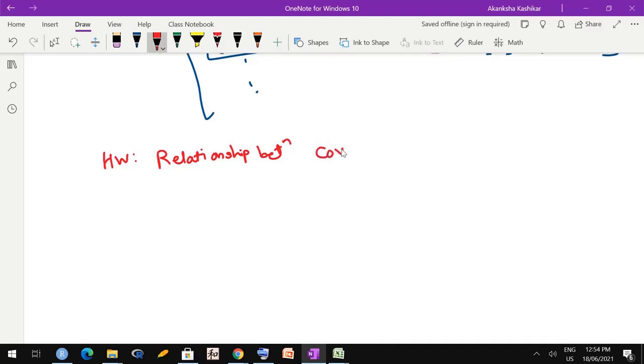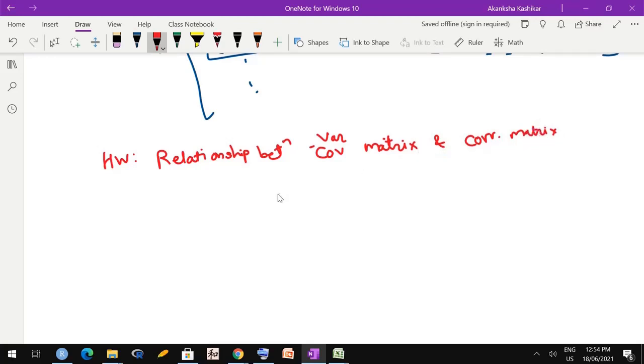By the way, dispersion matrix is also known as simply covariance matrix or variance covariance matrix. All these names are used. Okay.